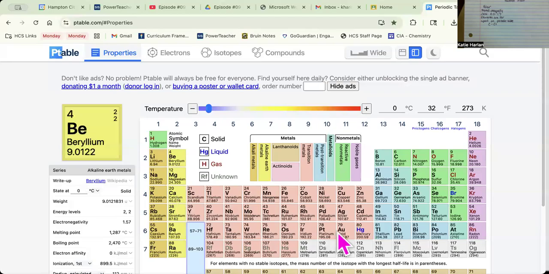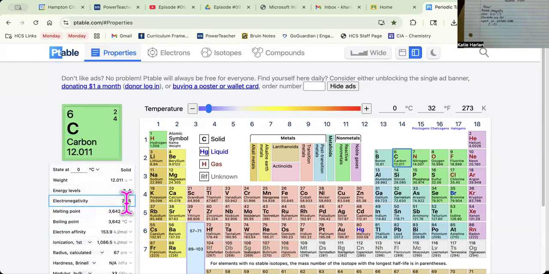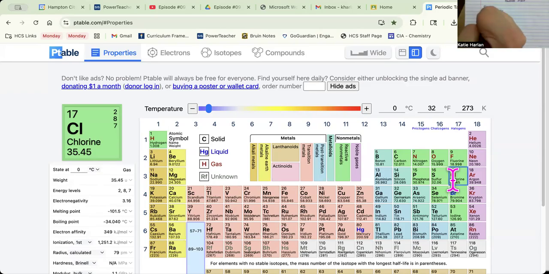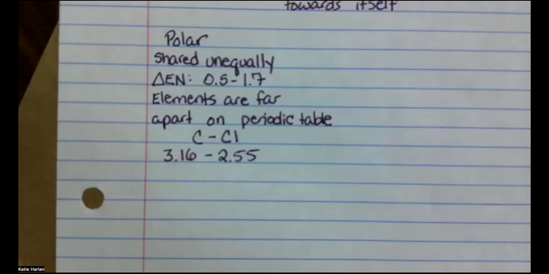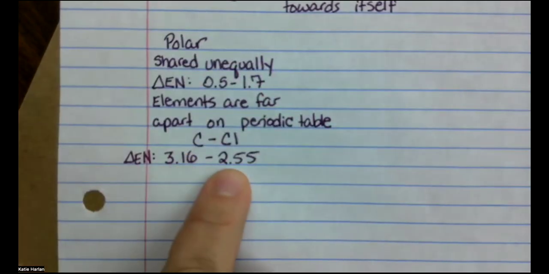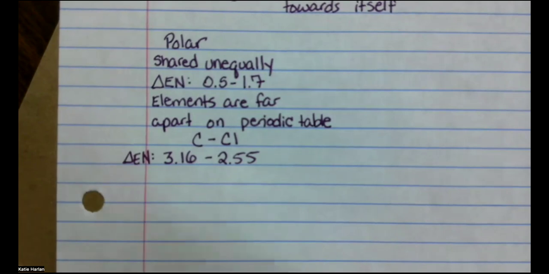So on Ptable, if I look at carbon and I look over to the left at its properties, for electronegativity, carbon has an electronegativity of 2.55. Then, if I look at chlorine, chlorine has an electronegativity of 3.16. So then to find that difference in electronegativity, I'm going to take the higher electronegativity minus the smaller electronegativity.